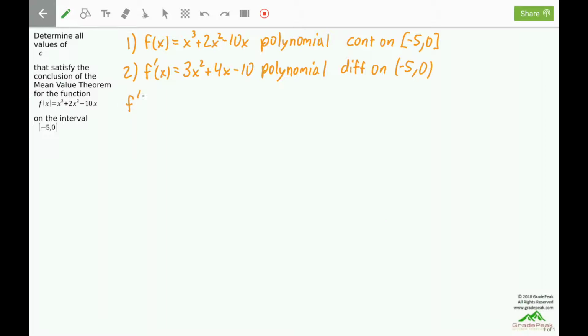And that says that the slope of the tangent line at some value c will match the slope of the secant line connecting the endpoints, f of b minus f of a over b minus a, for at least one c, maybe more, in the open interval of -5 to 0.